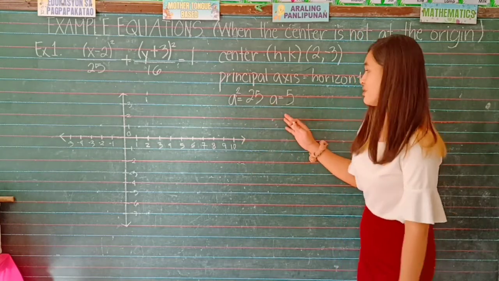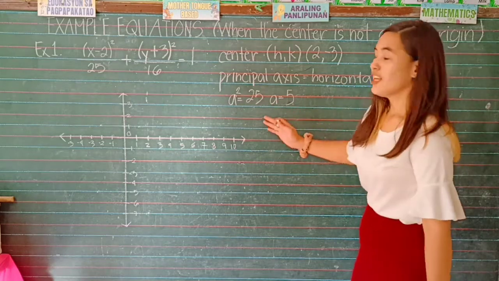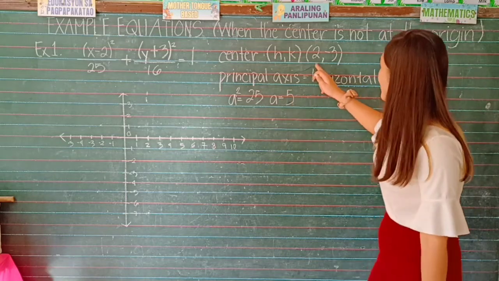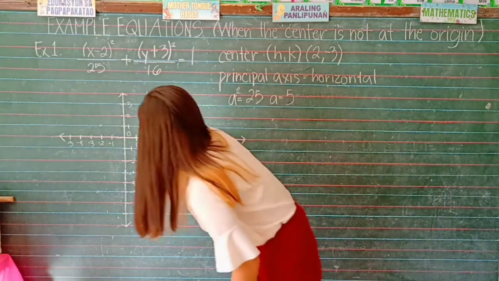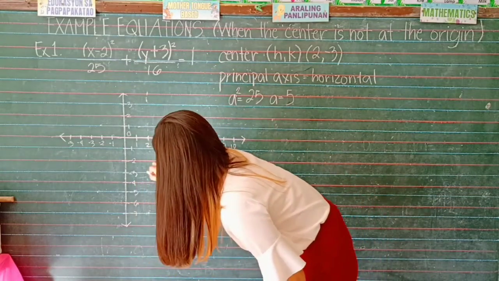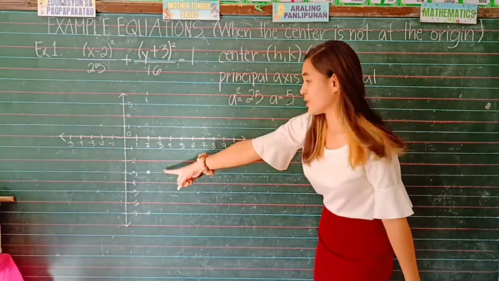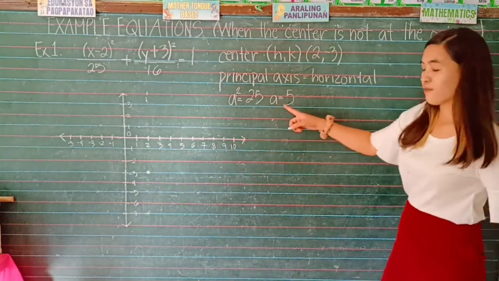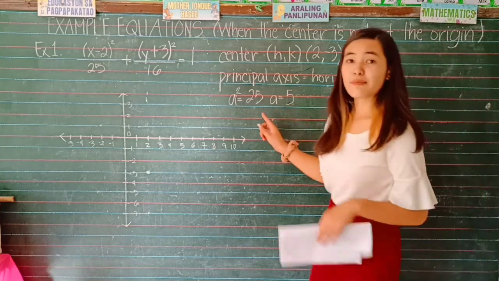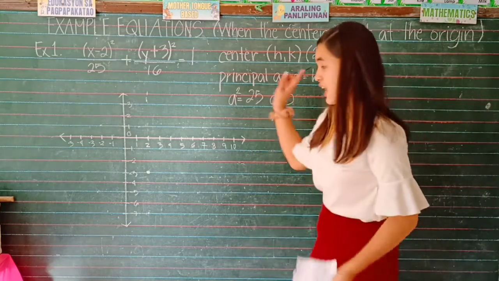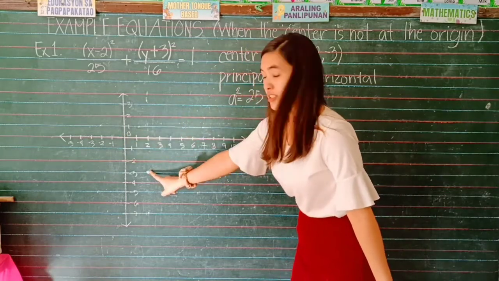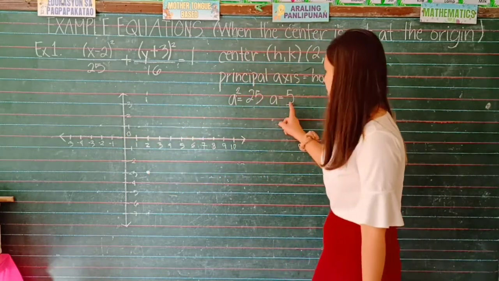So, let's graph it. Let's graph first the center. I'm sorry, 2 and negative 3. So, here is our center. Now, let's graph the a. When you graph, start at the center, not on the origin. a is equal to 5.